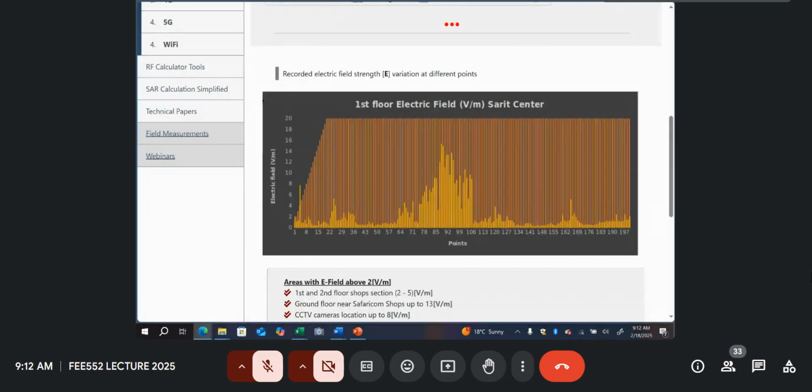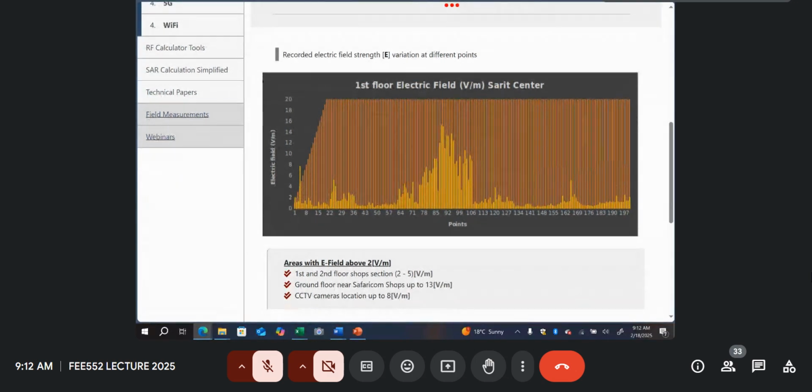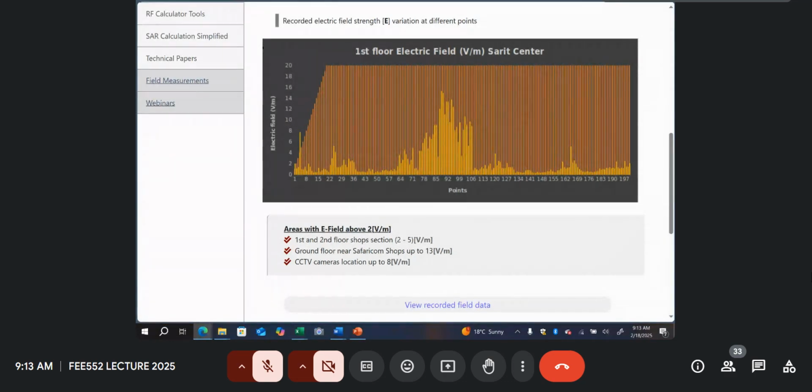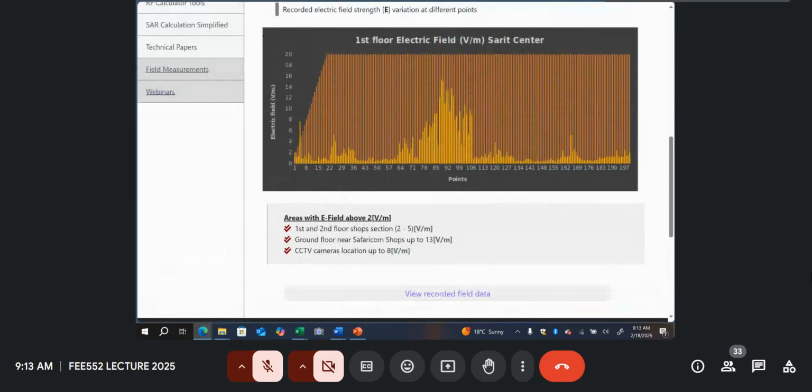So these are just areas within the Sarit Centre. You can see some were low, electric field intensity from 0 to about 8. Then in the middle there, at certain points, you can see it goes up to 16 volts per meter. So there's a first and second floor shop section, ground floor near Safaricom shops, then CCTV cameras location up to 8. Yeah. So you can see the students did a lot of work.